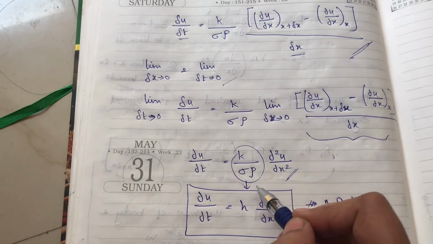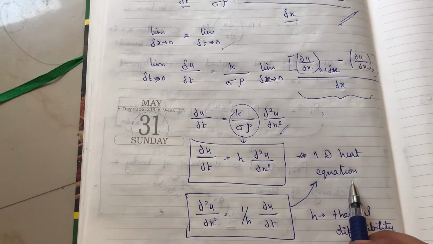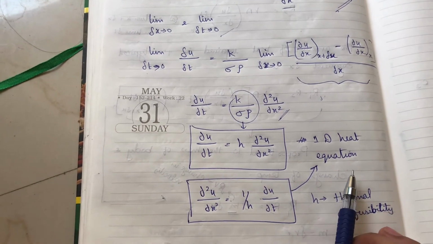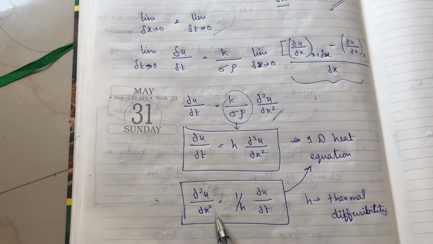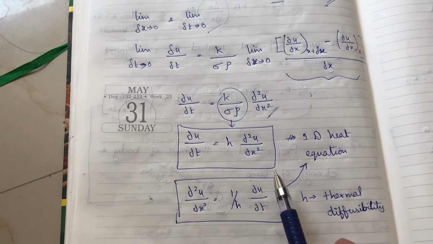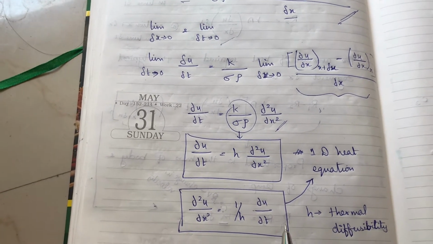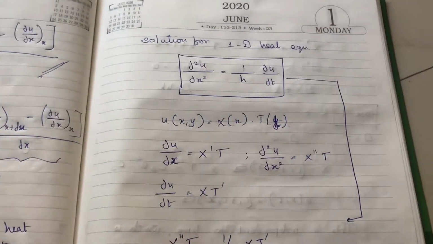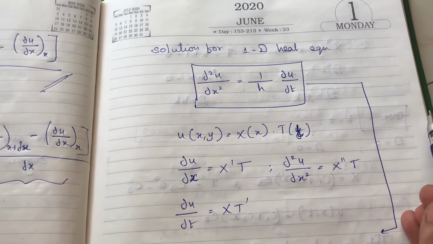Okay, so this term I am just writing as h. So the 1D equation, the one dimensional heat equation, will be dou square u by dou x square is equal to 1 by h of dou u by dou t, where here h is the thermal diffusivity. Okay, next I am bringing the solution for this 1D heat equation.